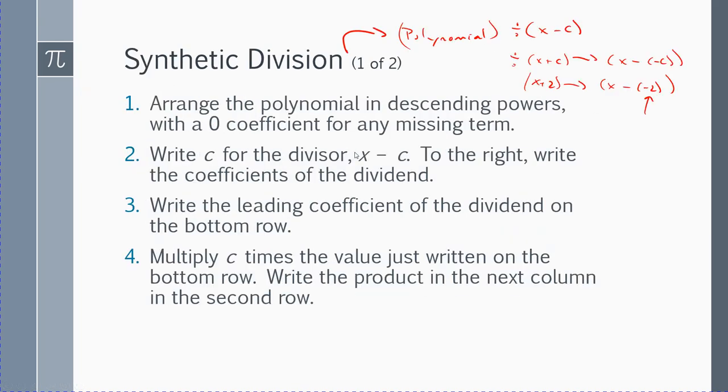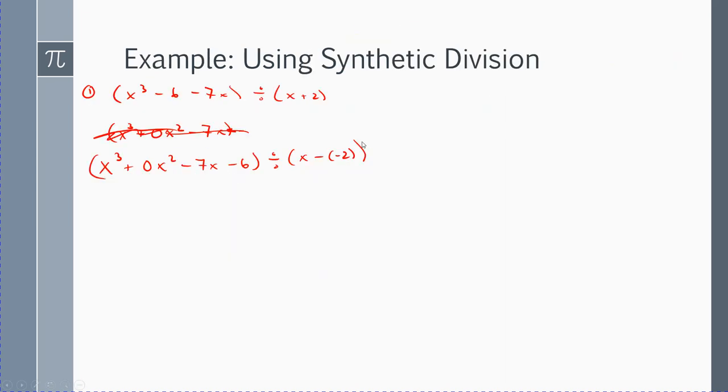The next thing you're going to do is set up this table, and it's going to look a little weird at first. You're going to write c for the divisor, x minus c, to the right, and the coefficients of the dividend. What the heck does this mean? So you're going to set up a table using this synthetic division.